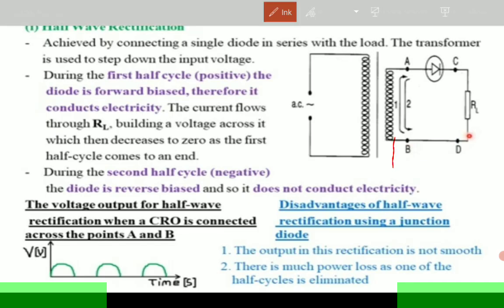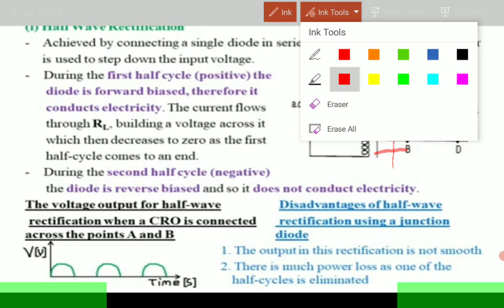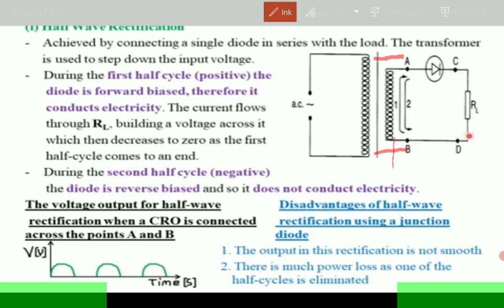If this is at higher potential than this end, then the connection of the diode with respect to the voltage is such that this negative end is now connected to the positive end. Remember that when a diode's negative end is connected to the positive terminal of the voltage source, it does not conduct.